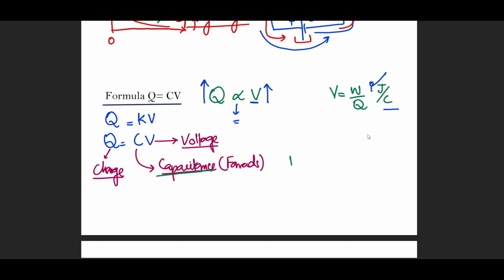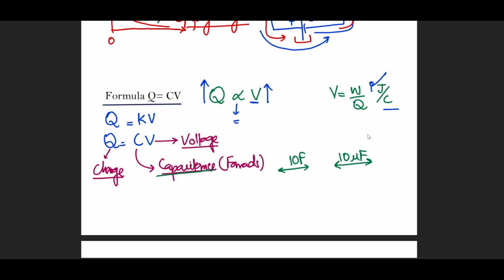So let's say if I have a 10 farad capacitor and a 10 microfarad capacitor, then this one will be able to store less energy and this one will be able to store large energy. And if you take an example from your house, we have water tanks to store water. A small tank would mean its capacity is low.